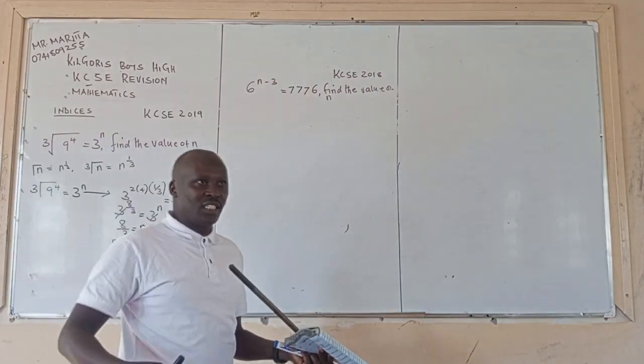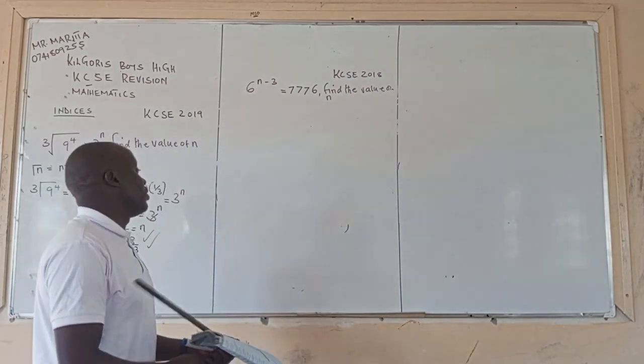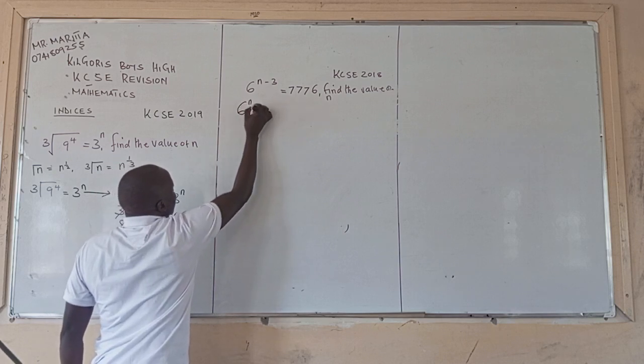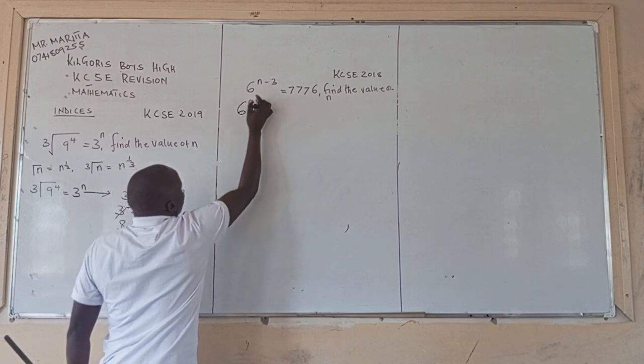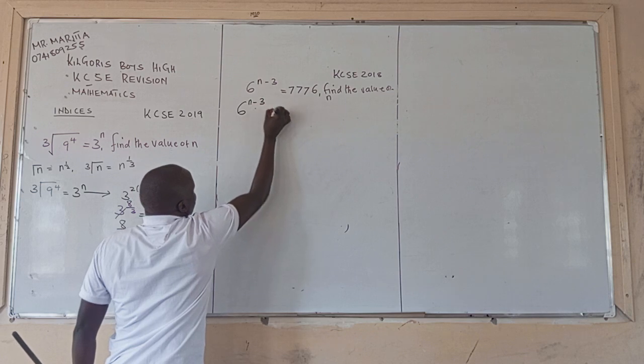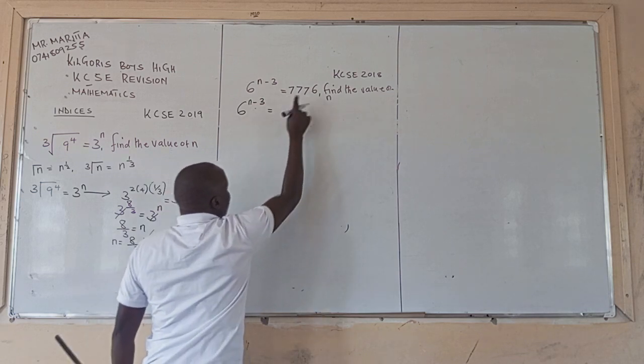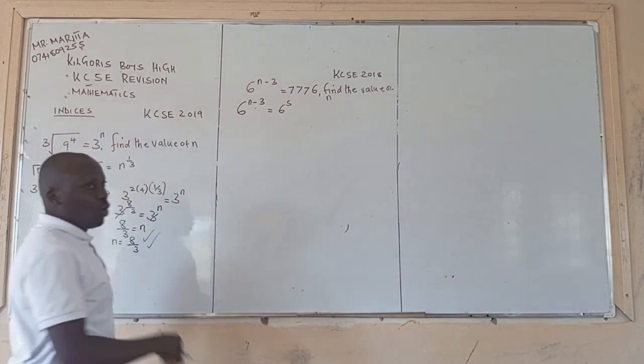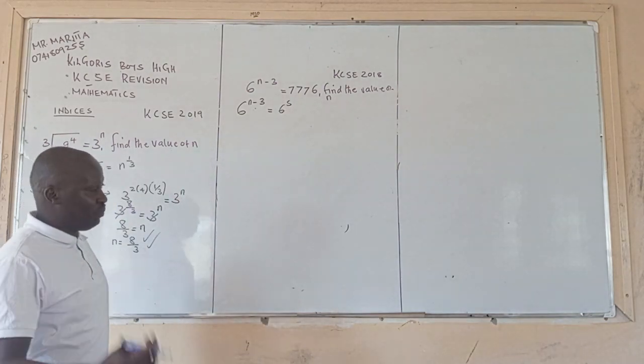You have 6 raised to 5 times. So we have 6 raised to power n minus 3 is equal to 6 raised to 5. We have expressed this in the same base.